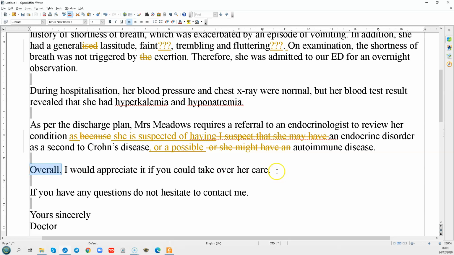So usually you put the reason for writing again at the bottom, so we don't need this overall. If you want to put some kind of phrase, you can say in view of the above, if you want to do it like that. Or simply, I would appreciate it if you could take over her care. You usually say a little bit more what it is you want the reader to actually do.